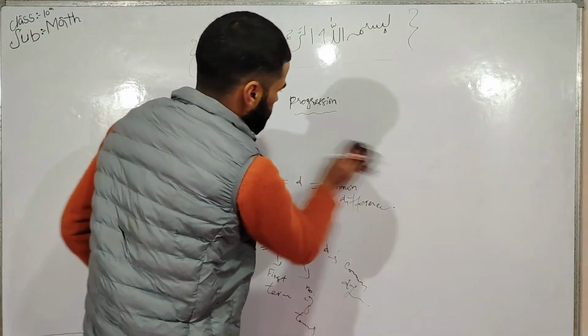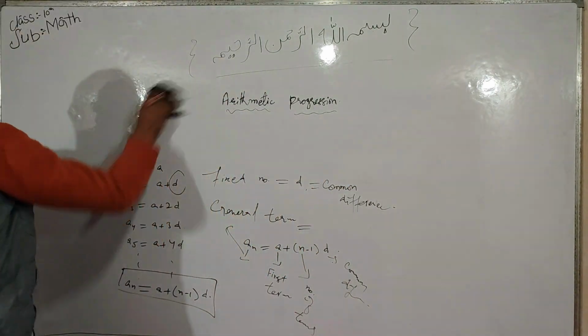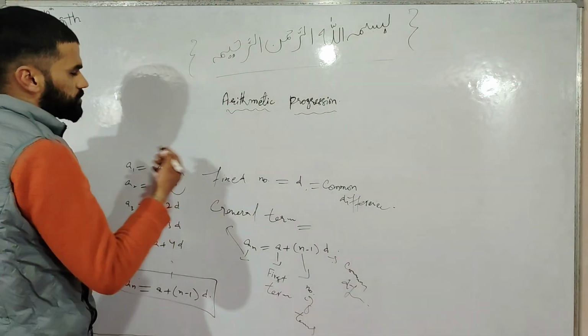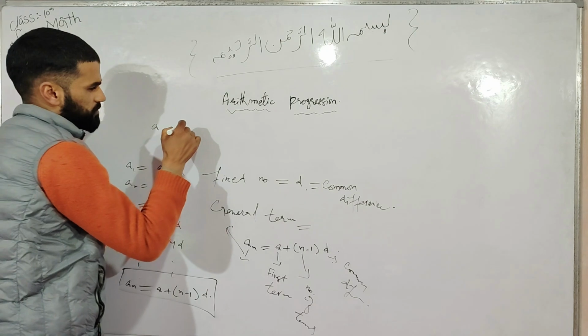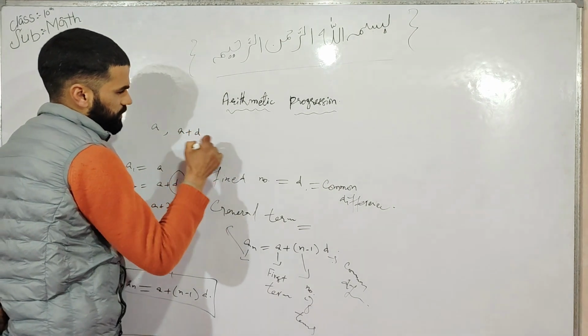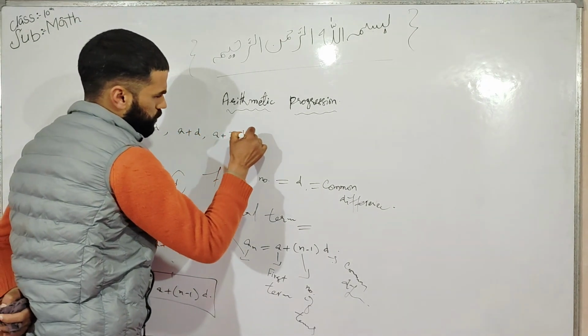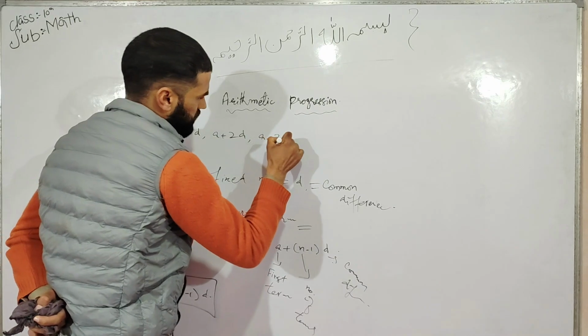So what will be the general form of the arithmetic progression? It will be a, a plus d, a plus 2d, a plus 3d.